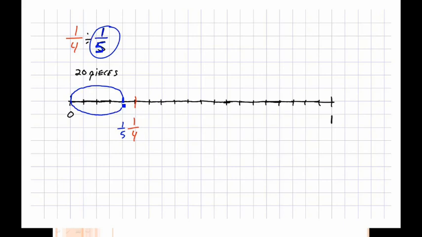No, I'm sorry, that's right. 1/5. I need to make my oval the size of my divisor. So I go over to 1/5. Now I need to make another oval that's the same size. So I need to go over that far.